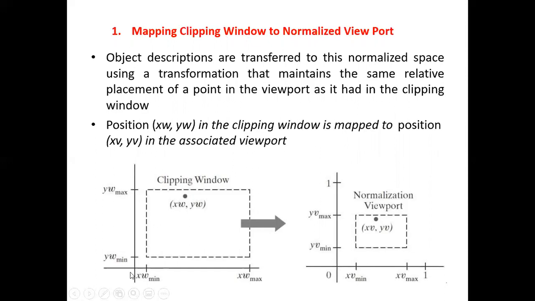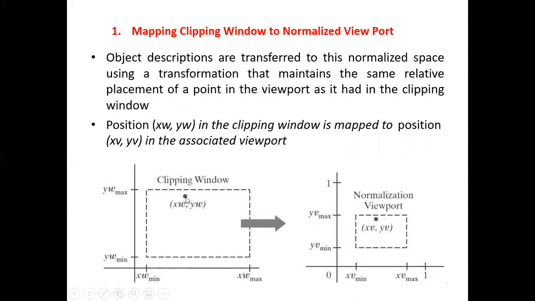So consider our clipping window. If I take any clipping window, it has two points on the x-axis and on the y-axis, which are xw min and xw max, and yw min and yw max. This is how the clipping window is defined.